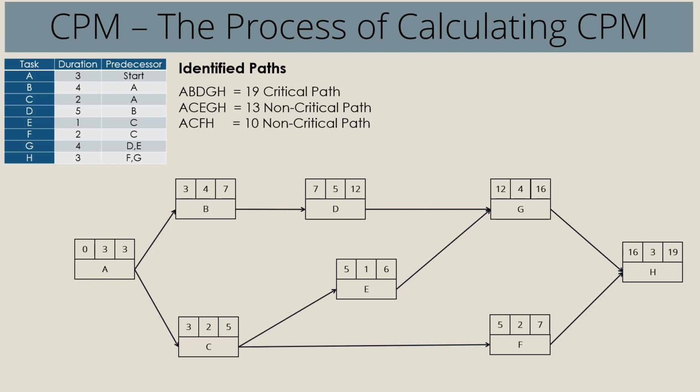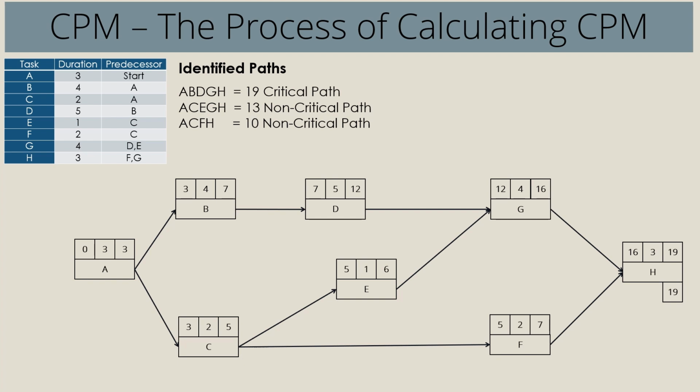Now we want to find out the critical path. So we're going to have to do the backward pass. How we do that is you start by taking 19 and bringing it down here as LF for activity H. And this time around, start subtracting the duration as we go back.